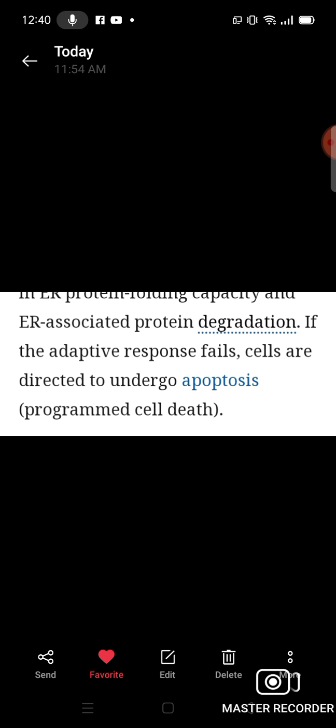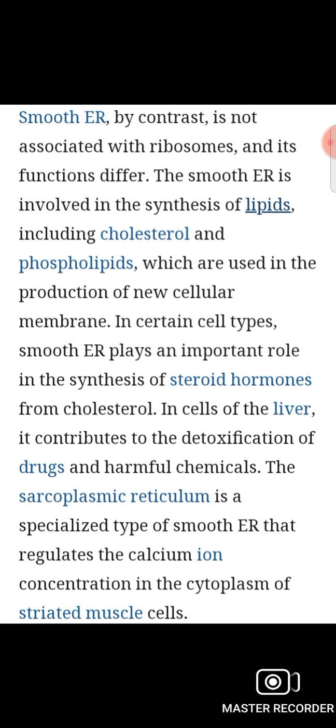In that case, cells are directed to undergo apoptosis. Apoptosis is a phenomenon in which programmed cell death occurs. The cell kills itself if an error protein is formed, just to protect the other cells, and that phenomenon of programmed cell death is called apoptosis.